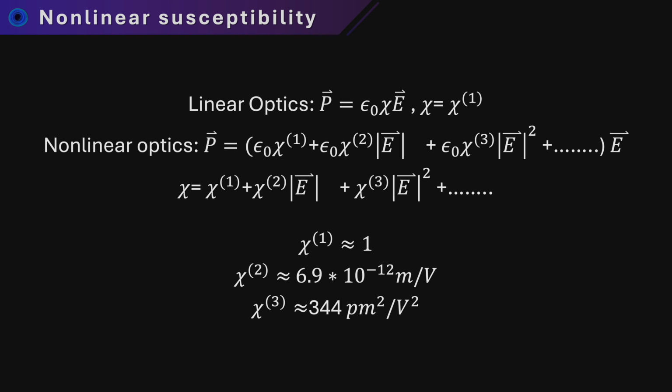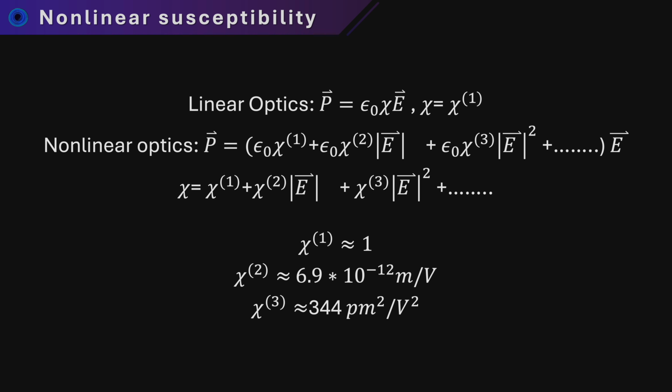So in summary, linear optics is what you have mostly studied so far and what you observe in day-to-day life: refraction, reflection, interference, diffraction, etc. And nonlinear optics kicks in only when the fields are strong enough, and suddenly new frequencies, new interactions, and all kinds of surprising effects appear. That's what makes this field so fascinating.